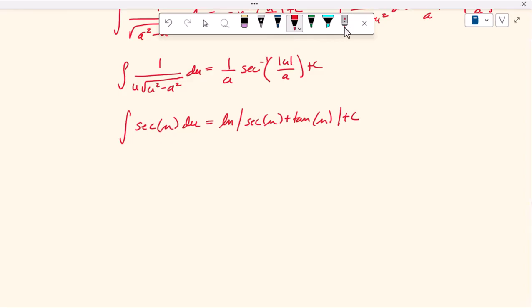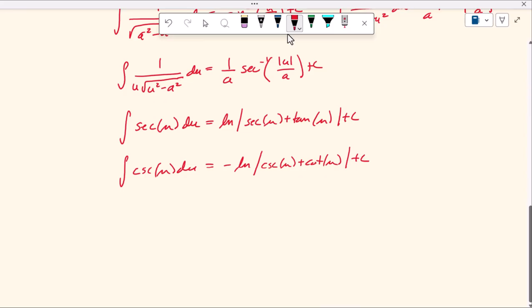Now we haven't talked much about logs, so we're going to be talking about exponentials and logs, but this does show up, and I'll show you how to get to this result at some point. I want to just put that on the formula sheet for now to use as something that we can just refer to. So the integral of cosecant, as you might guess, is negative natural log absolute value cosecant u plus cotangent u plus c.